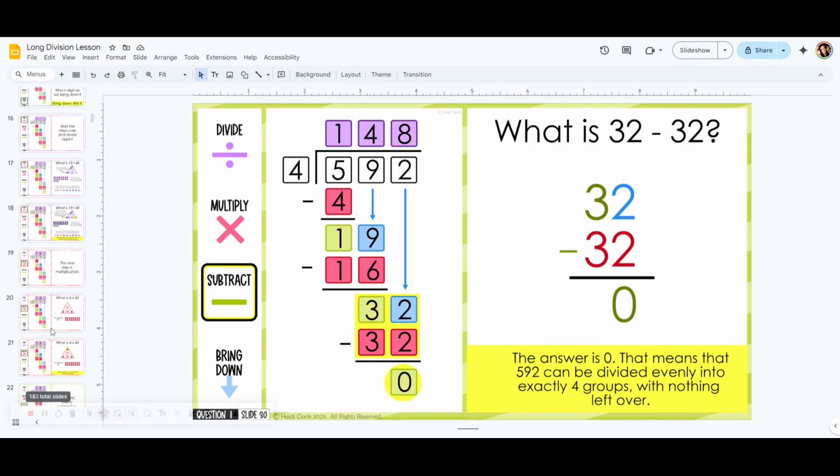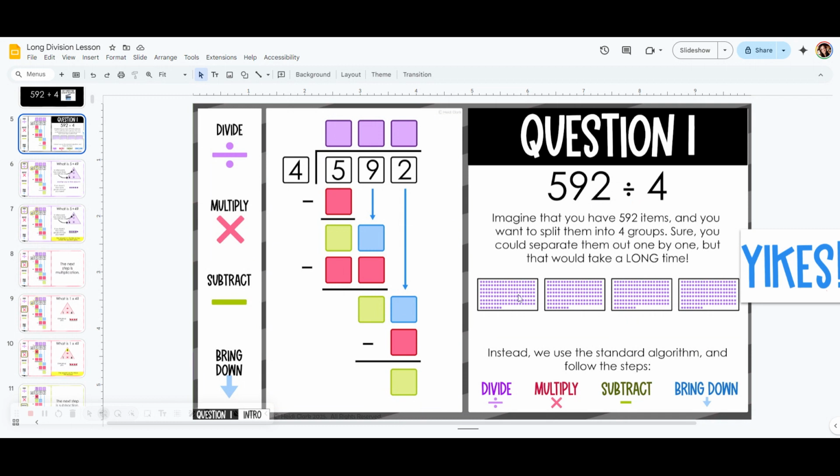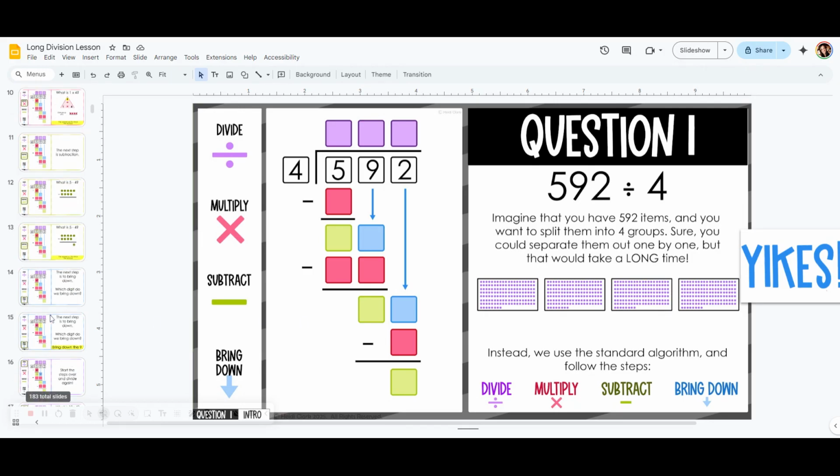And my example of that, if you look back up at this picture, I really did divide 592 into 4 here. And indeed, there's nothing left over. Like if I wanted to make 4 groups, I would get exactly 148 in each box. And it's not like I have one left over that I couldn't split equally.